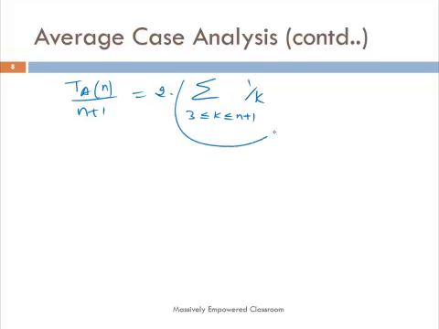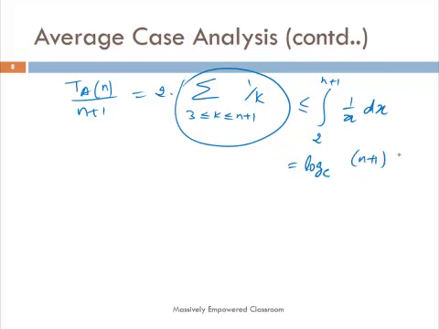Now this particular element is less than or equal to the integral from 2 to n plus 1 of 1 by x dx, and that happens to be log to the base e of n plus 1 minus log to the base e of 2.